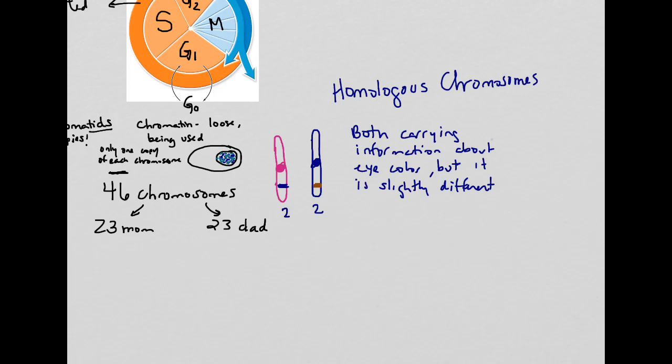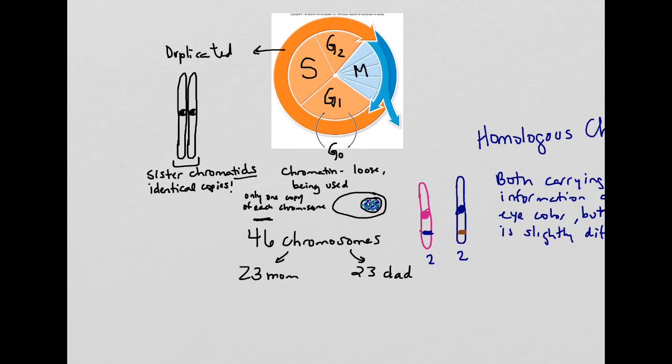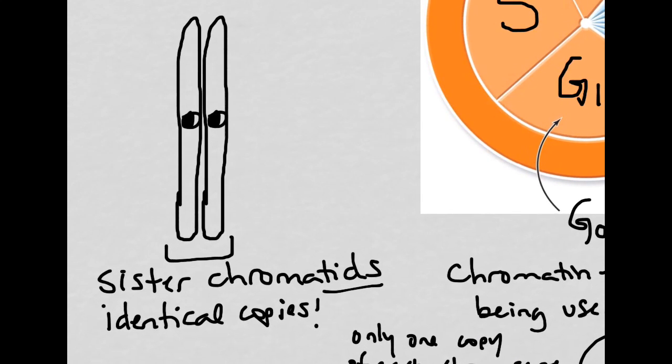So here we've got our homologous chromosomes. Good. Over here we've got the sister chromatids. Now this is just one of these guys because we have to copy all of our homologous chromosomes. So if this was a, let's make this guy pink. Let's color him.